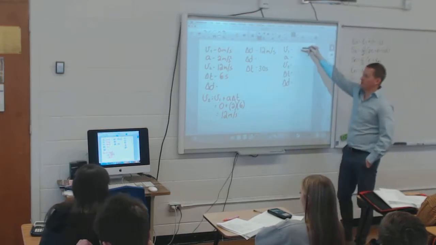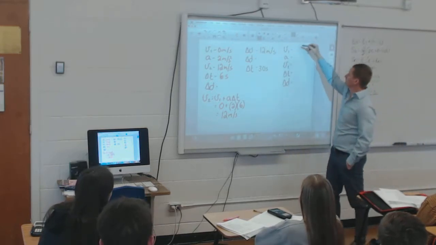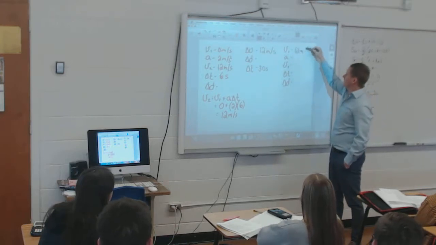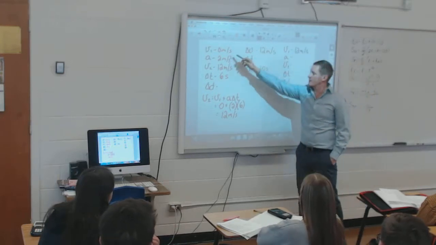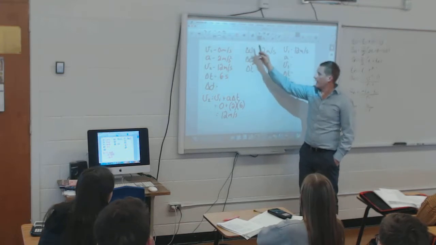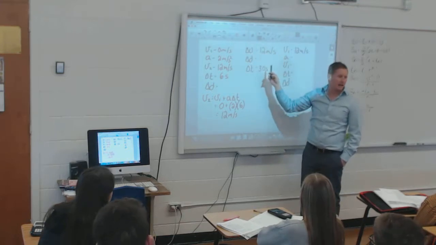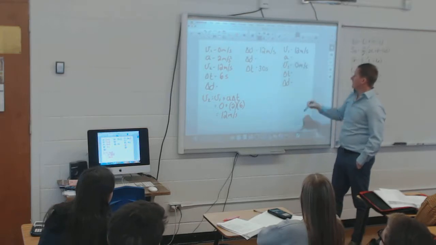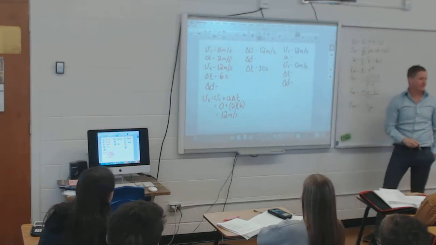So what's his initial speed over here? 12. Still 12 meters per second, isn't it? He goes from 0 to 12, then he goes 12 meters per second for 30 seconds until he comes to a stop over here.